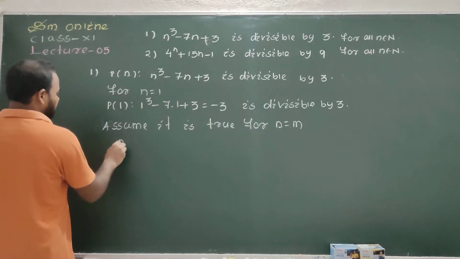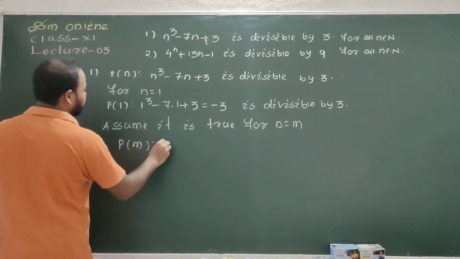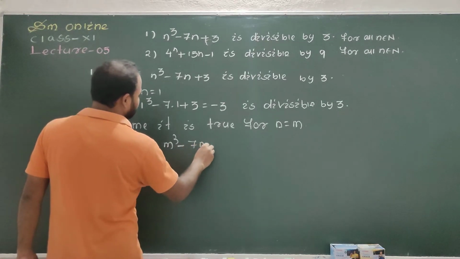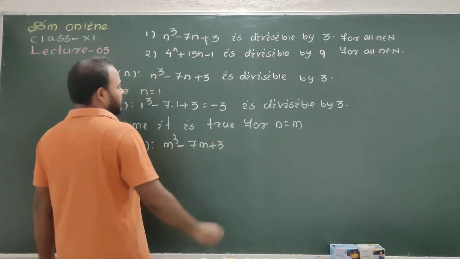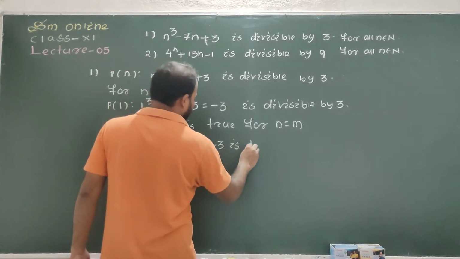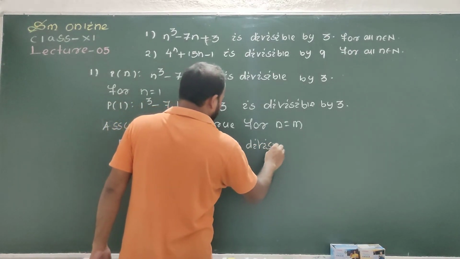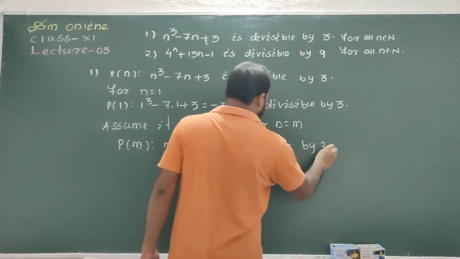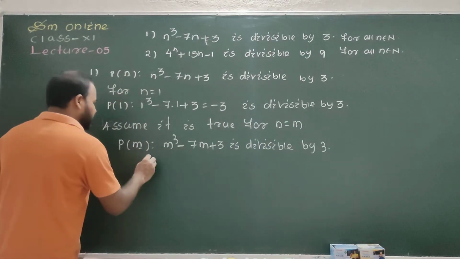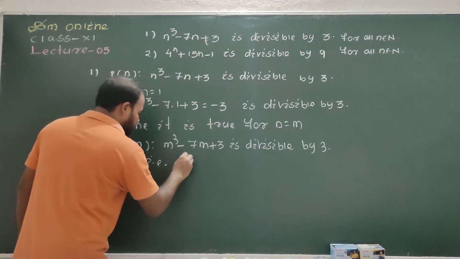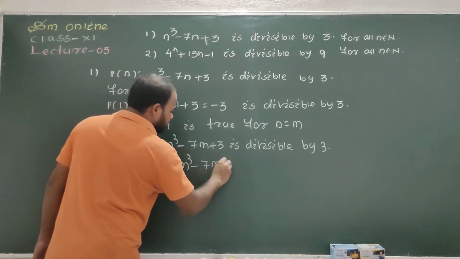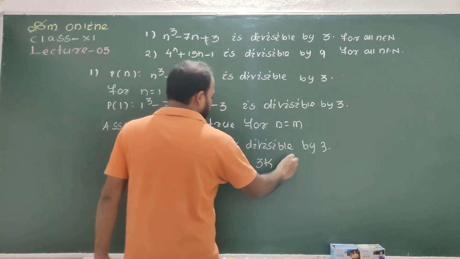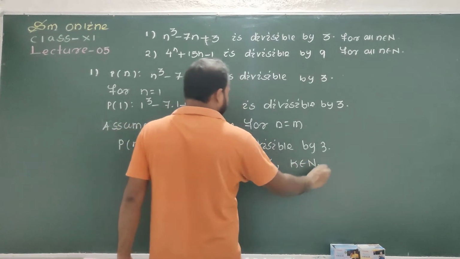So P(m): m cubed minus 7m plus 3 is divisible by 3. If it is divisible by 3, we can write m cubed minus 7m plus 3 as 3k, where k belongs to the natural numbers.